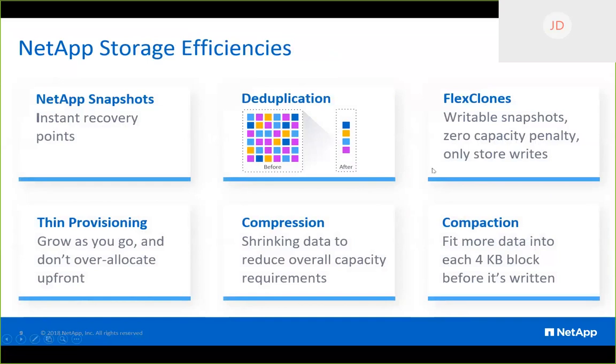We're actually looking at the individual data blocks and making sure that we're not storing any of those blocks more than once. And then we're compressing your data, if possible, to reduce its capacity footprint. And we're actually able to fit multiple files into each 4K block that we're writing to make sure that you're making the most efficient use possible of your valuable storage capacity.